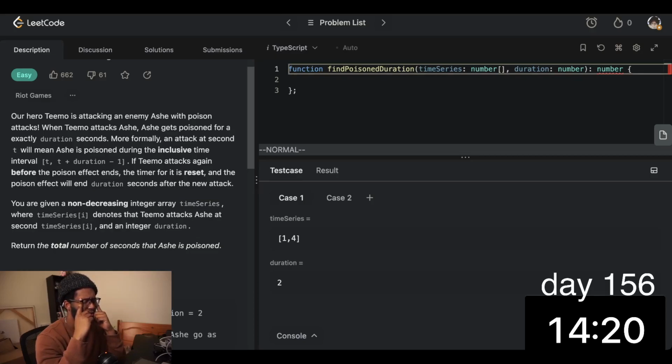We have to return the total number of seconds that Ashe is poisoned. We're given the array time series.